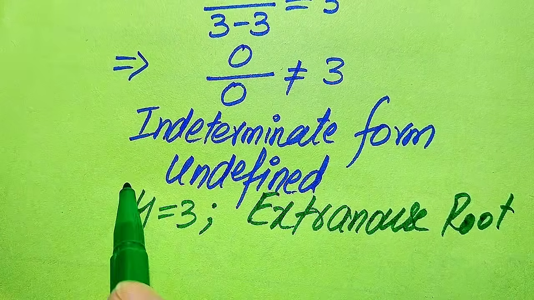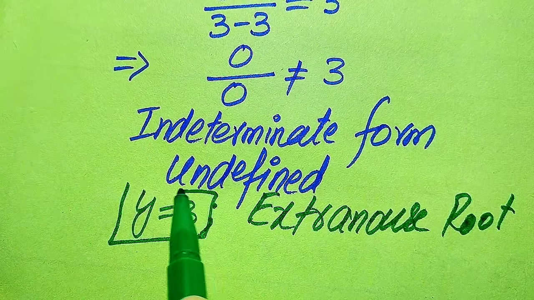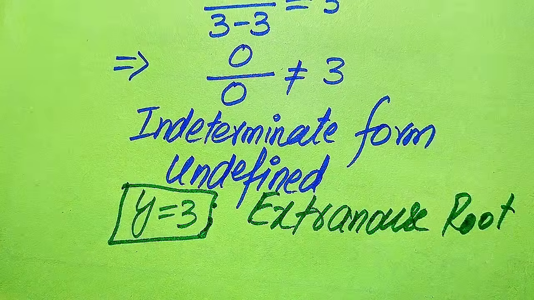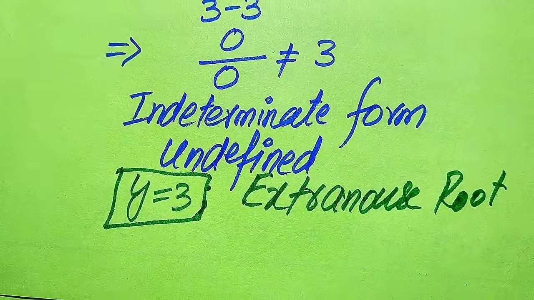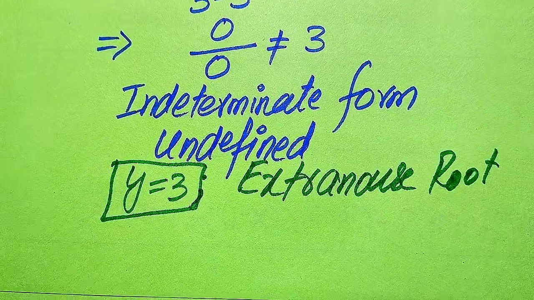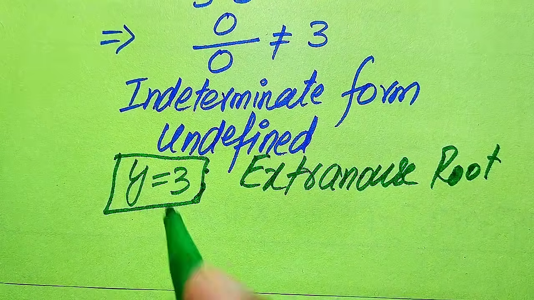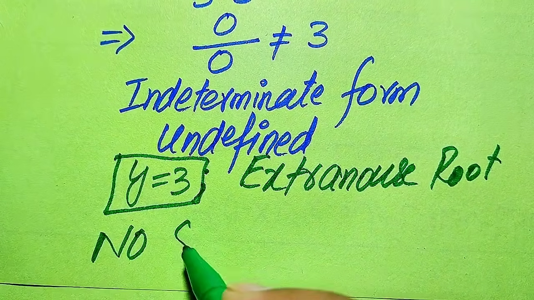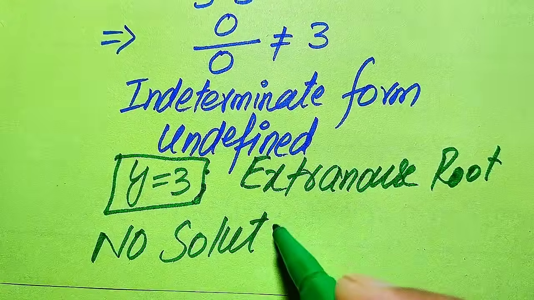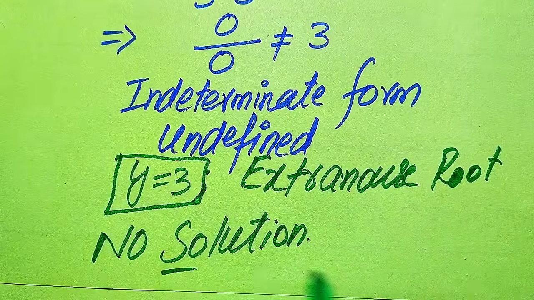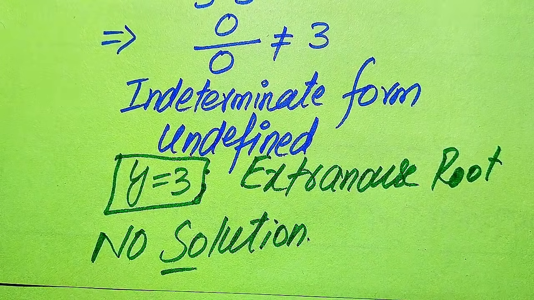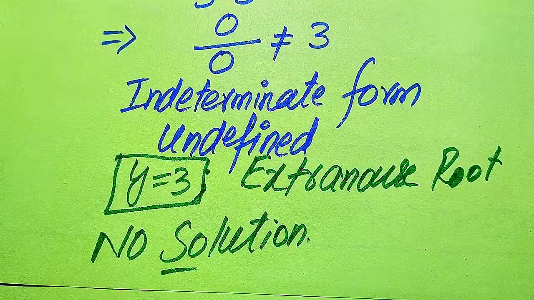This means that we cannot get any value of y which satisfies our given question statement. So we conclude that the solution set of this question is that this question has no solution. This is the final conclusion about the solution in the first method.